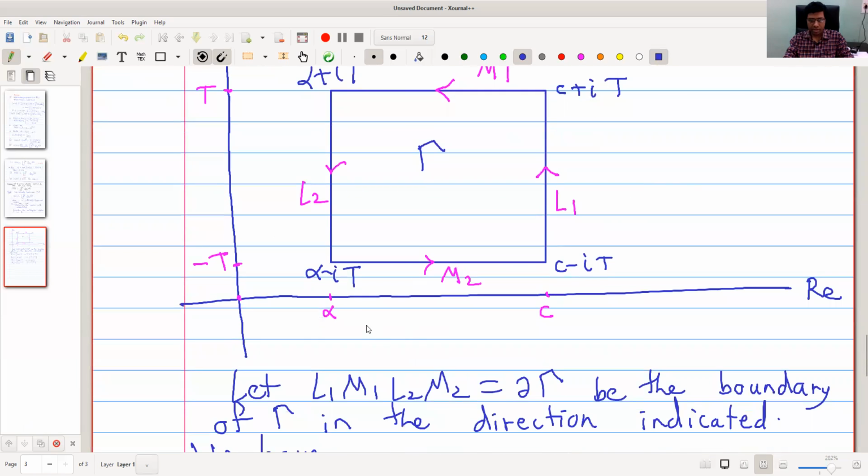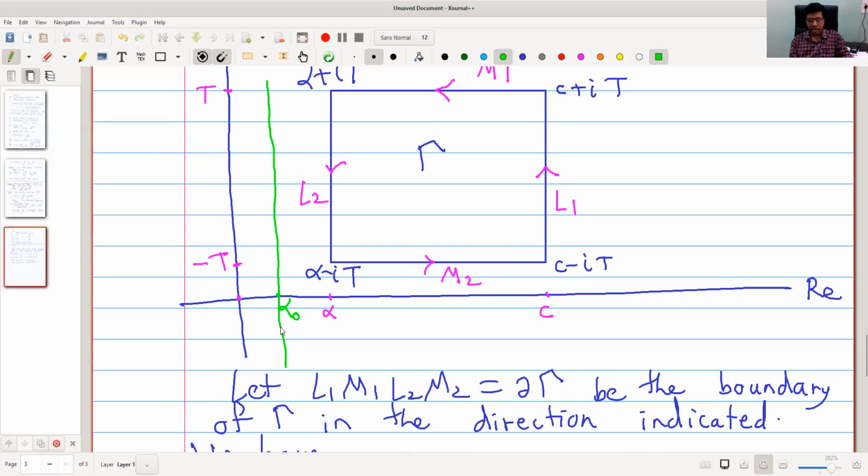So in this plane, alpha greater than alpha 0 means alpha 0 will be somewhere. Let me sketch. If this is my alpha 0, then the vertical line passes through this point alpha 0 comma 0 in the complex plane, and all the roots of h of lambda lie on the left-hand side of this line.